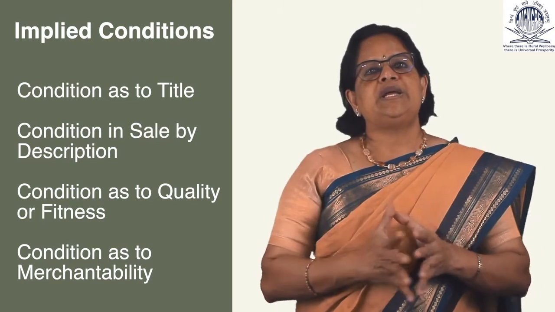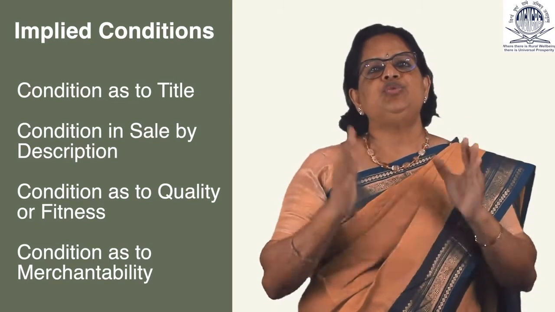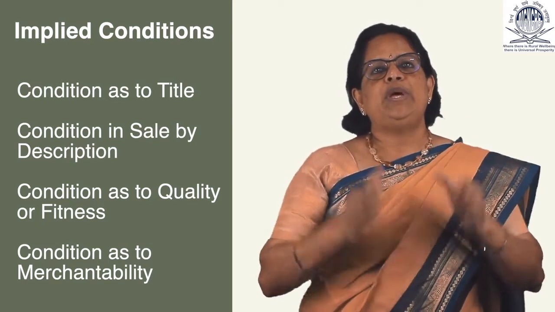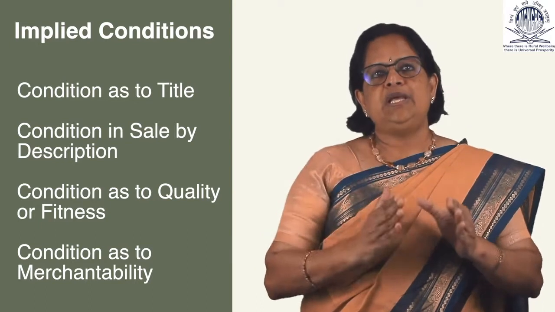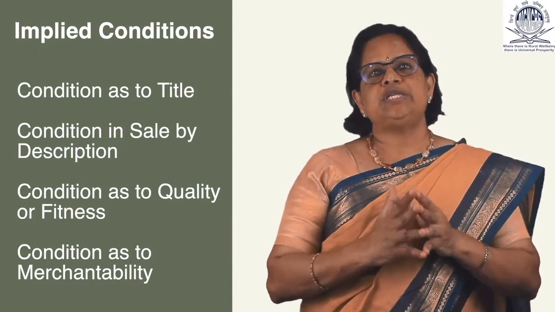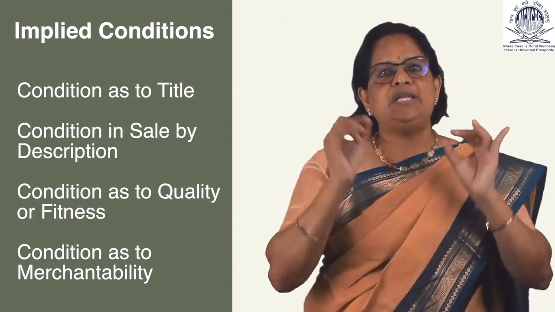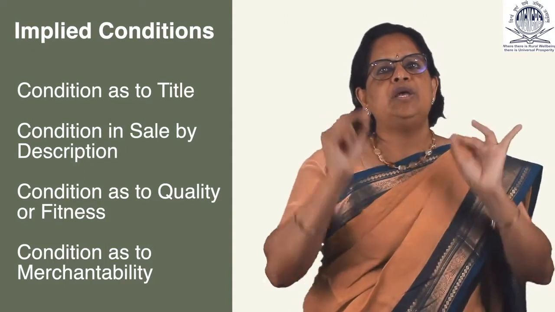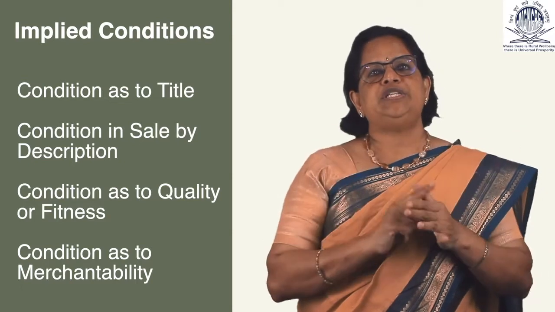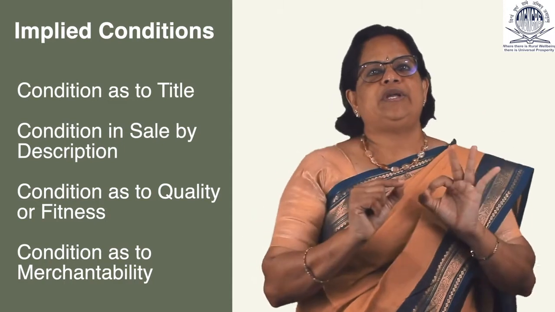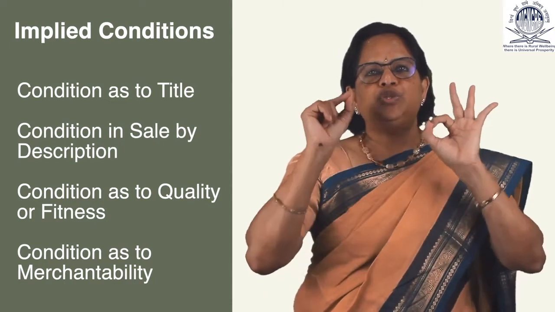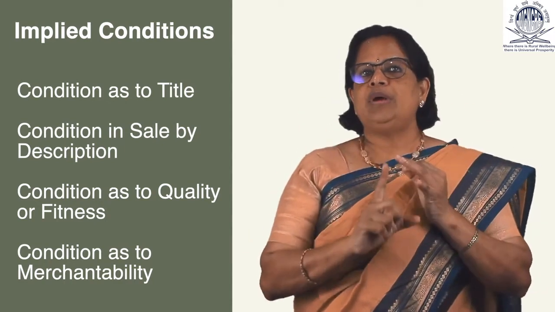The next implied condition is condition as to merchantability, where the goods are bought by description from a seller who deals in goods of that description, that there is an implied condition that goods shall be of merchantable quality. There are two requirements for this condition to apply.